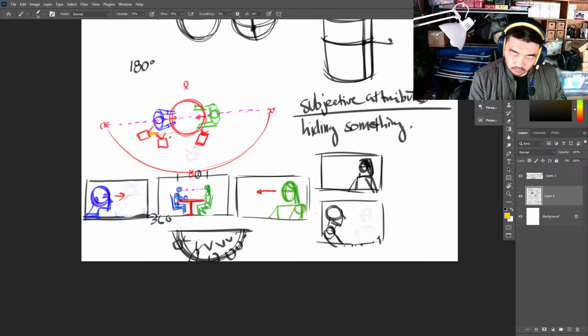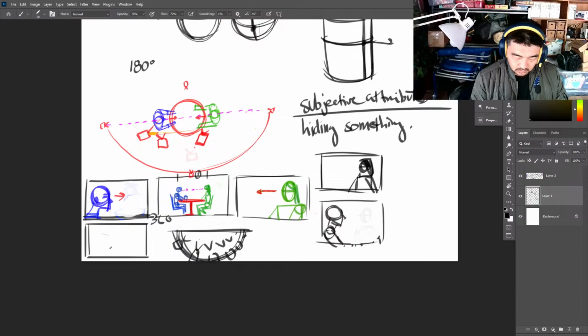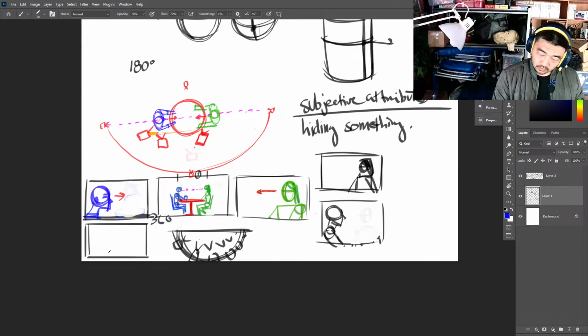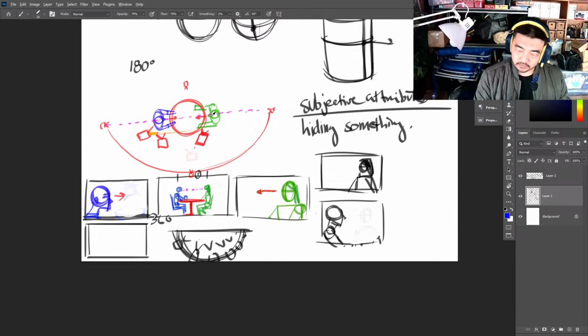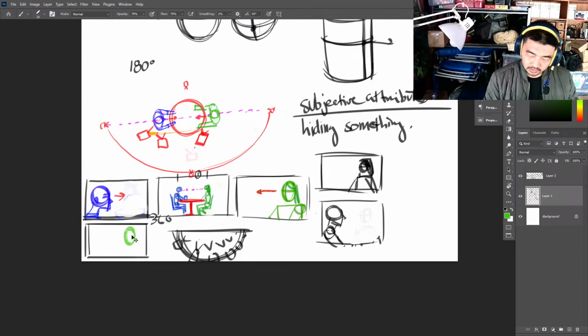Let's say this is the right side, and it comes out this way. So let's see, this is over this person's shoulder. The way I like to do it is first put your person right here, the green, and then we're over the shoulder.